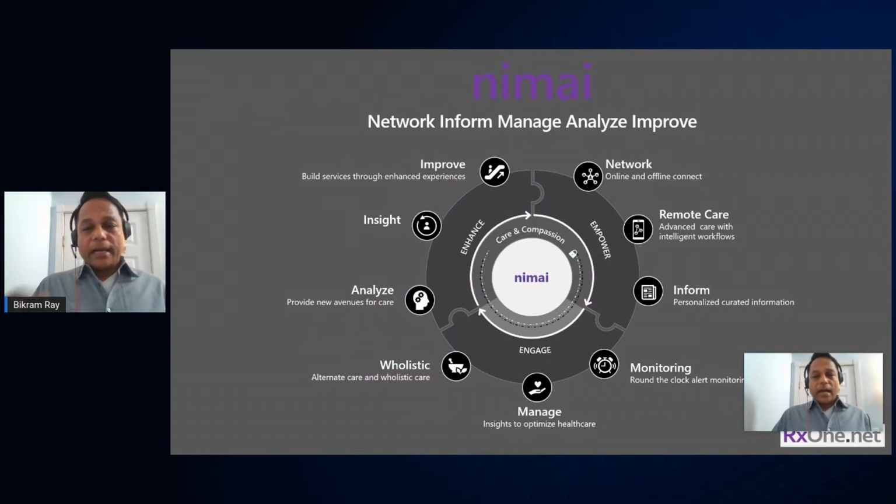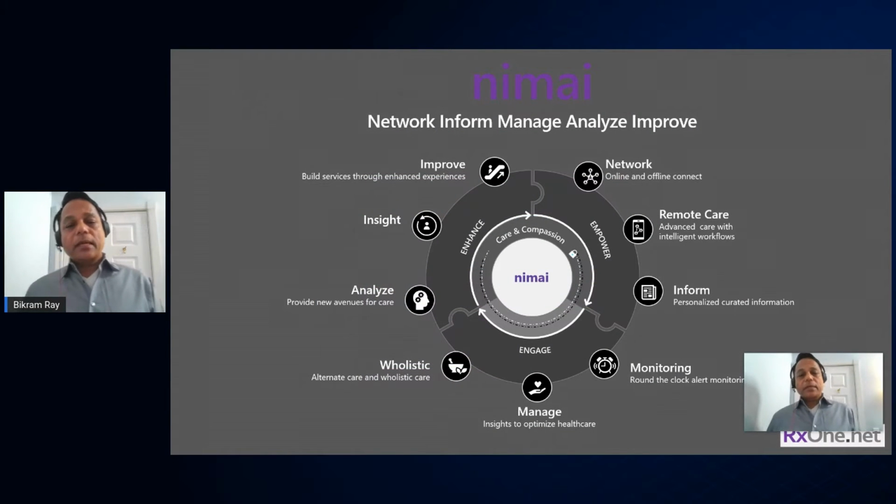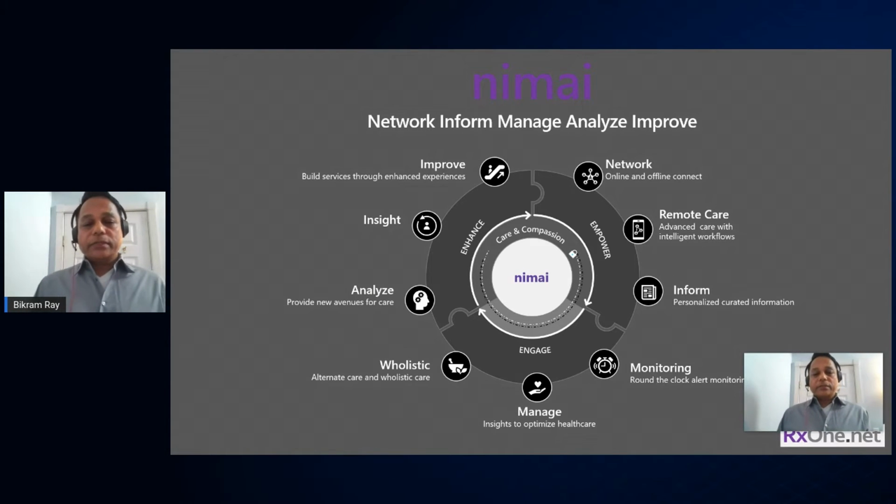So at a high level, these are our features. We designed this to empower the patients, engage with them, and enhance our process. First, we network with our patients through our app, and we can give alerts, and we can chat with them with remote care.